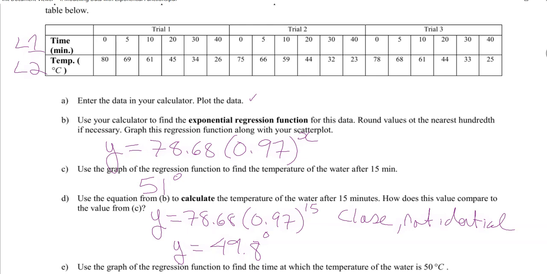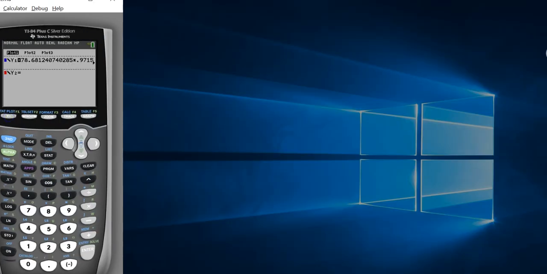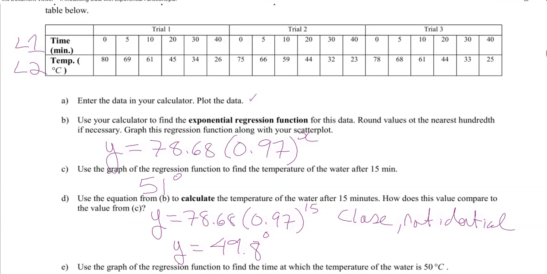If you go to your calculator and look in y1, go to y equals, you see 78.681240740285 times 0.9715. That's going to keep going. I'm using about 12 decimal places, but to do this we used a rounded value, just rounded to the nearest hundredth. So it's close, not identical, due to rounding.